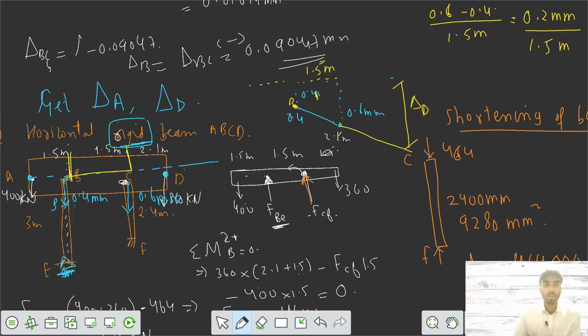If point A is at a distance of 1.5 meter from B, the change in this length is also 0.2 mm.